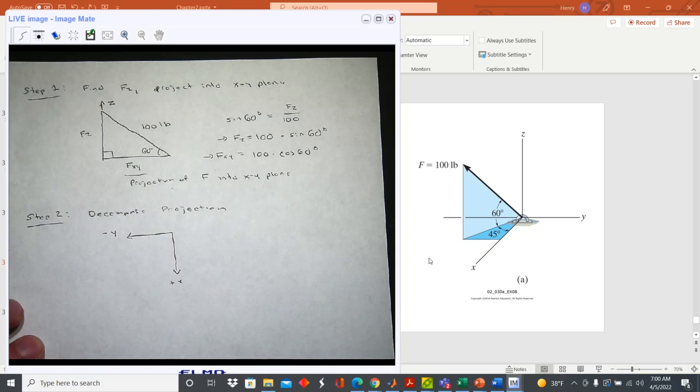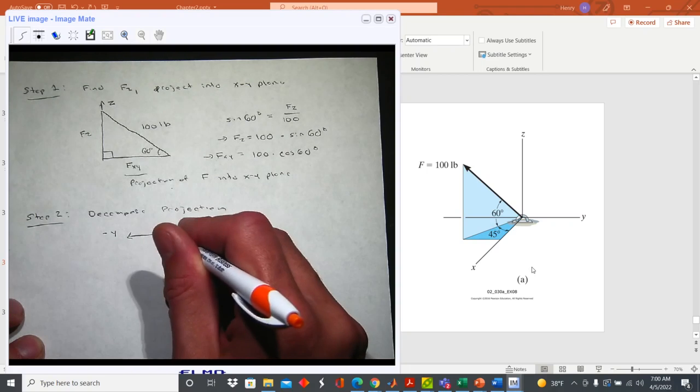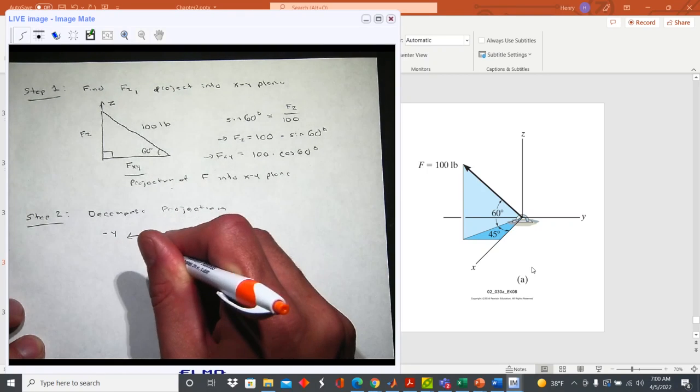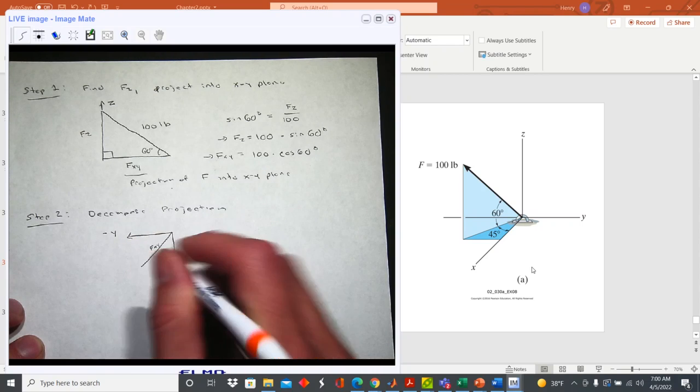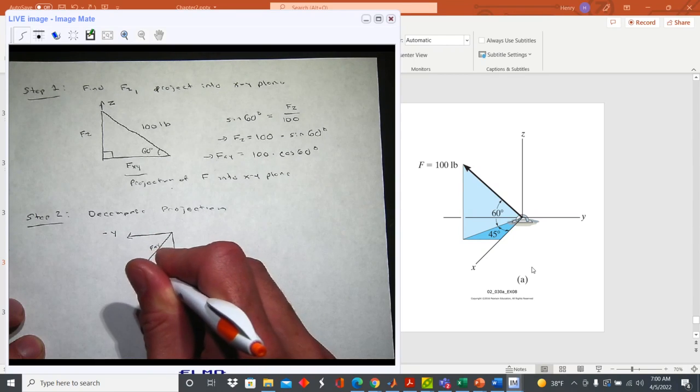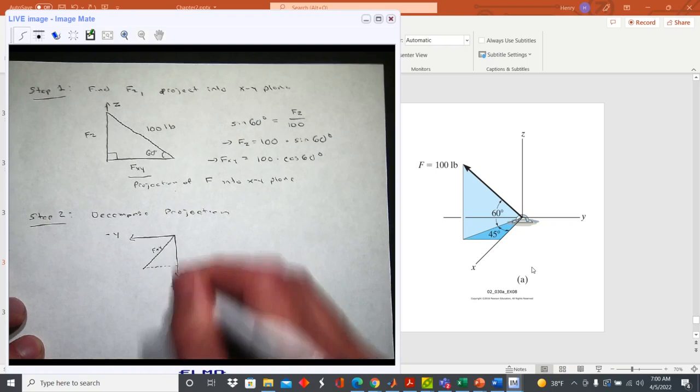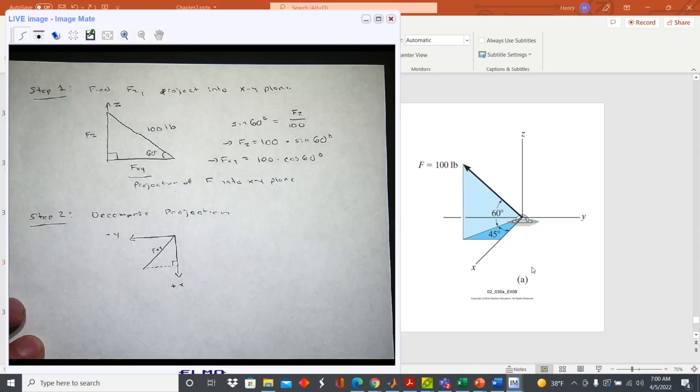What we have is an angular displacement measured towards the negative y-axis by 45 degrees. I'm just going to call that fxy. I'm going to drop it perpendicular to the x-axis, so this will be a 90-degree angle.